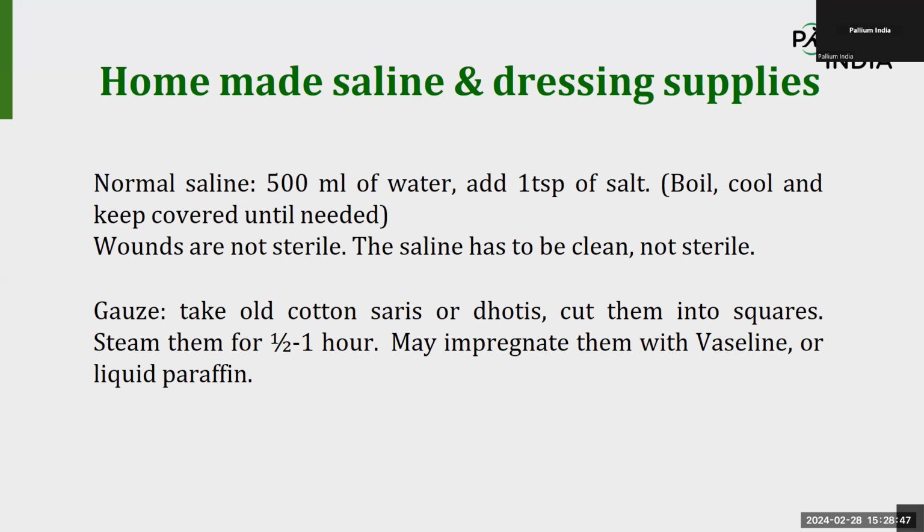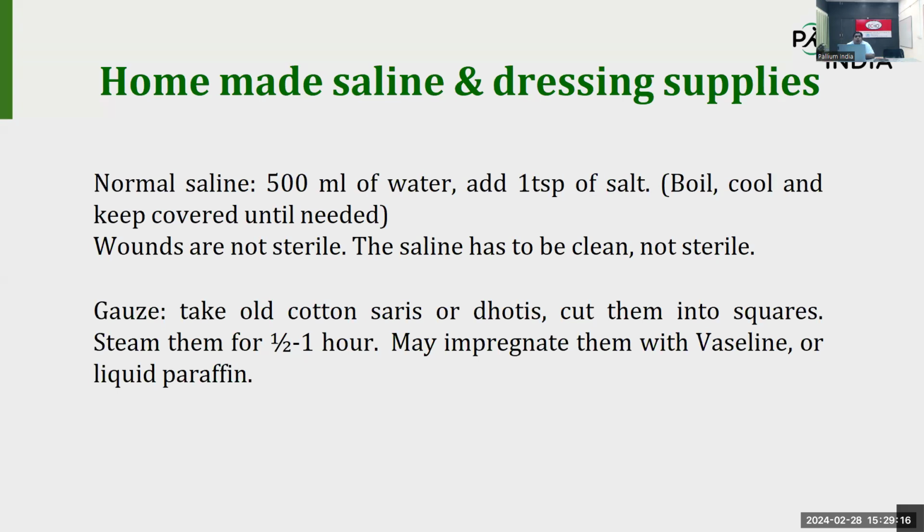Because we are using homemade saline, we are treating an unsterile wound. A bed sore is considered not a sterile wound. So we can use it for cleaning and dressing the wound.